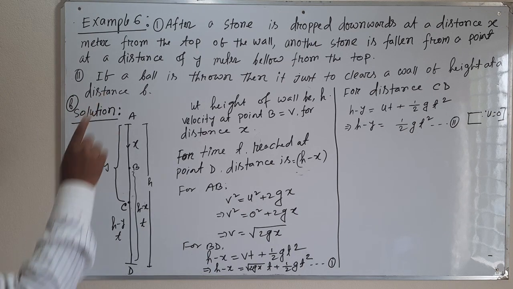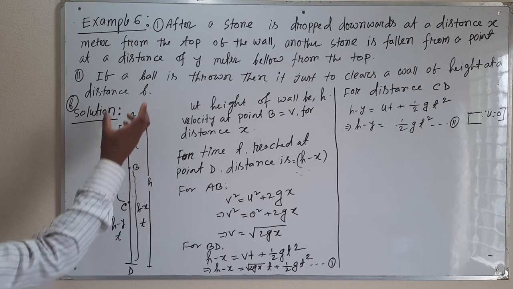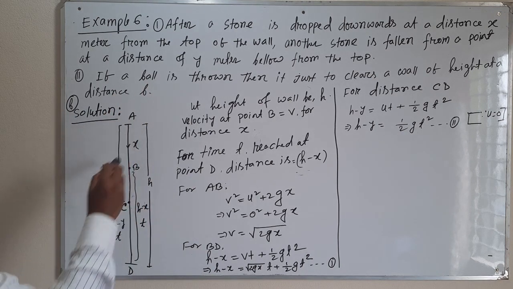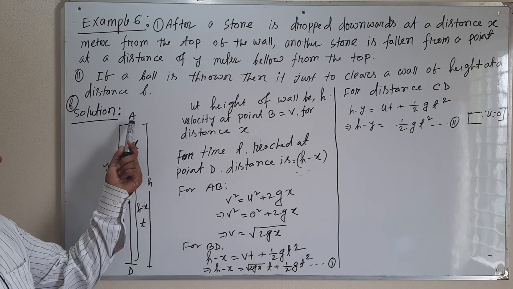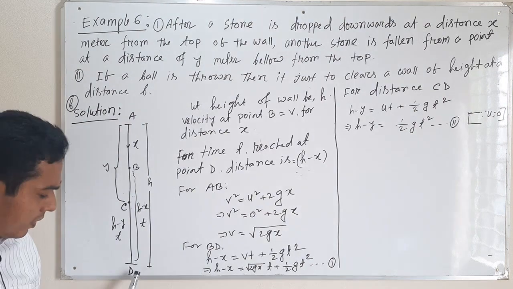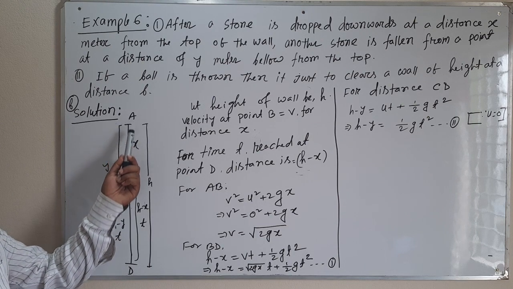After a stone is dropped downward, think from the figure, you can analyze your question by this figure. The first stone is dropped from point A and reaches point D on the ground.